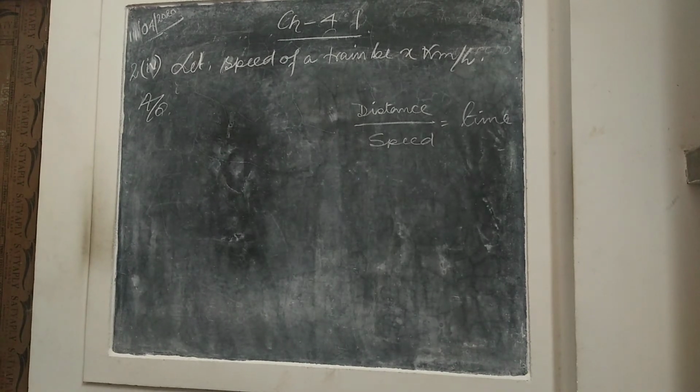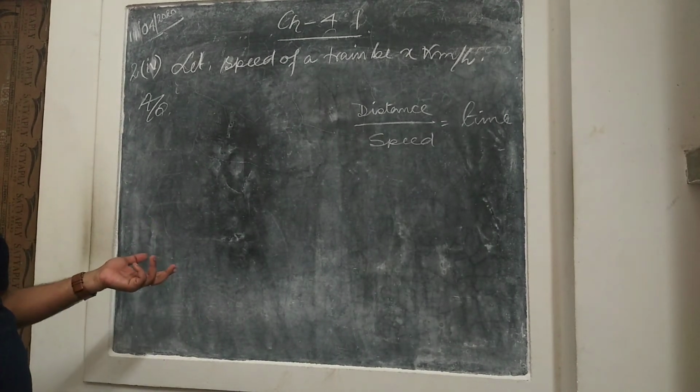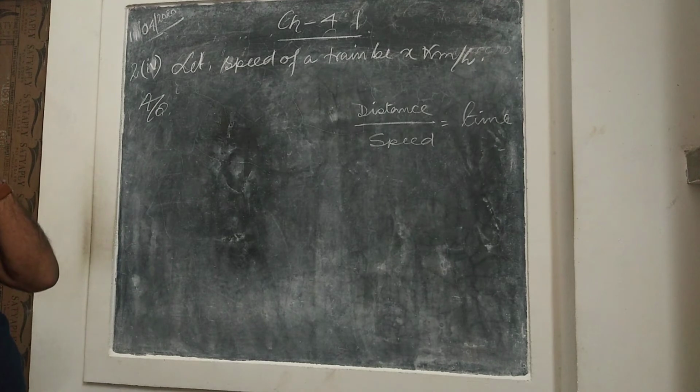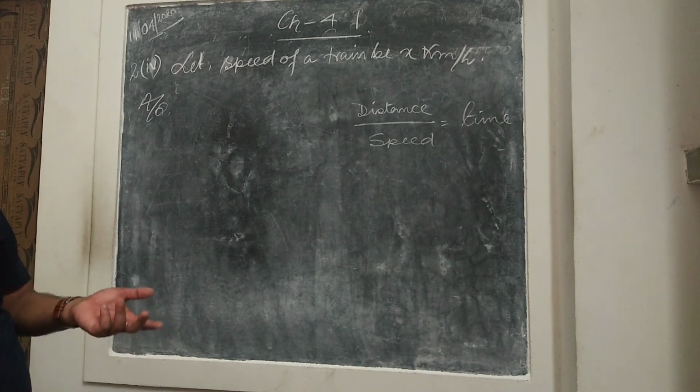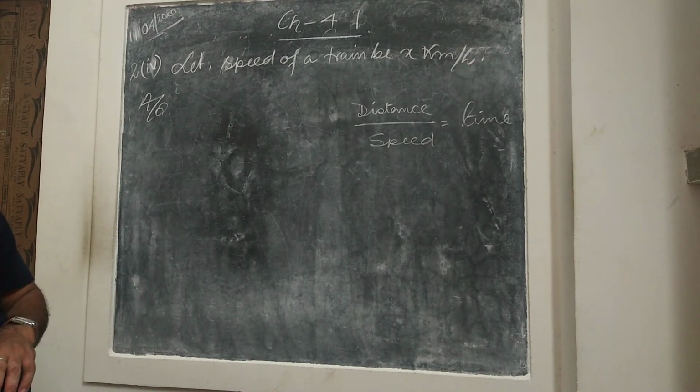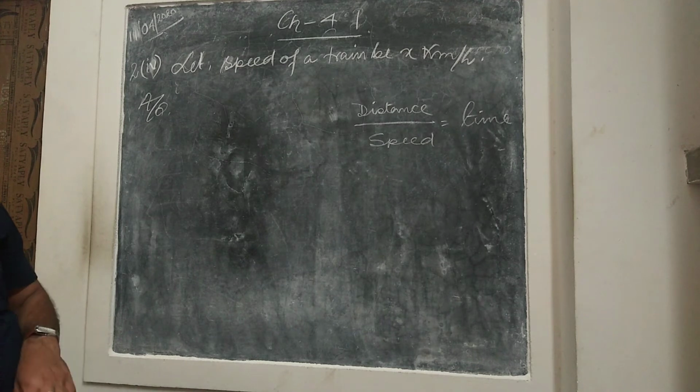Less the speed, more the time. More the speed, less the time. You learned this in class 8, in the direct and inverse variation chapter.